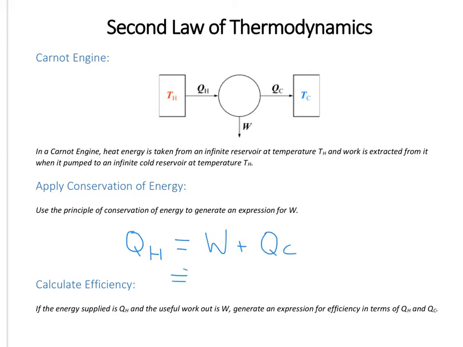By rearranging that, we can get an expression for our work done in terms of the temperature difference. So the amount of work done by our engine is actually nothing to do with the engine at all. It's just to do with the difference in the energy delivered from the hot source and the energy delivered to the cold source. So that's that one.